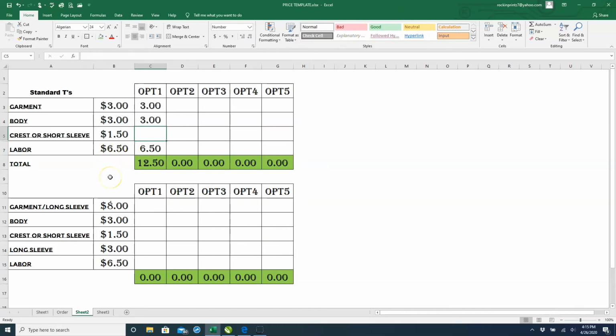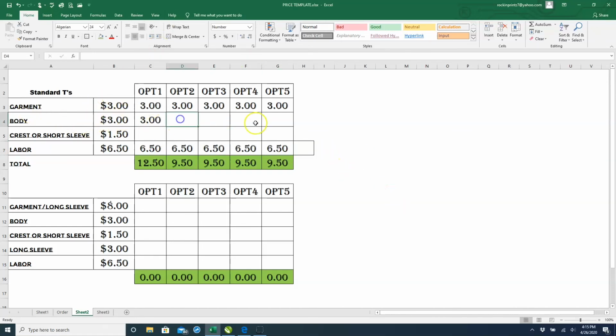We're looking at $12.50. Okay, so option 1, you're just going to have a full body on the front, and that's going to be the price, $12.50. Option 2, we're always going to include that here, that's always going to be in there.